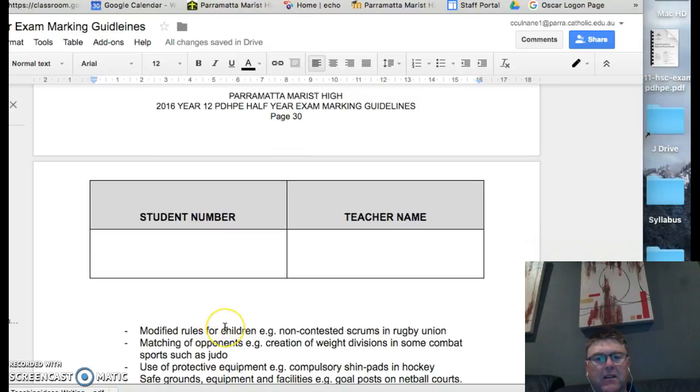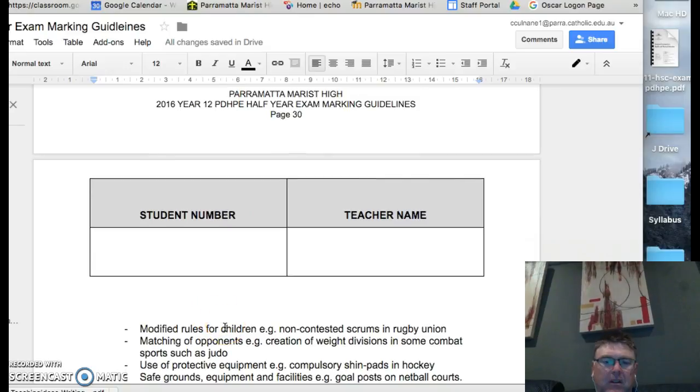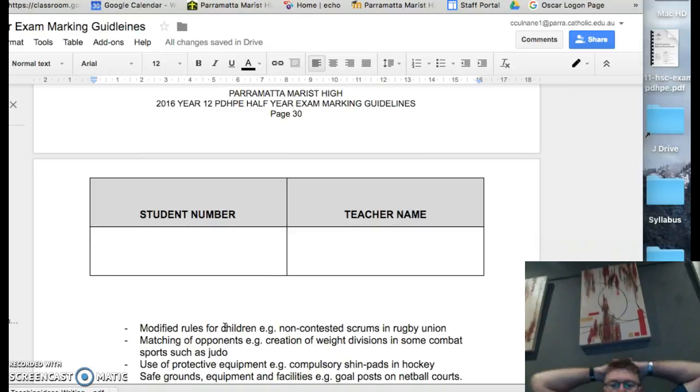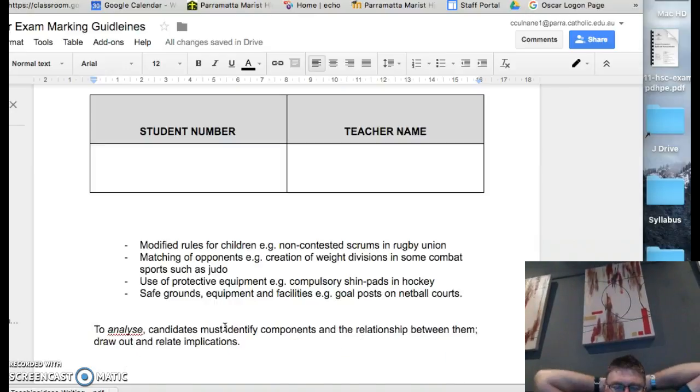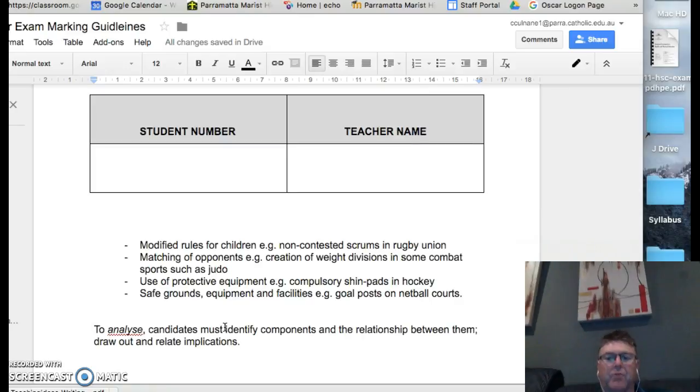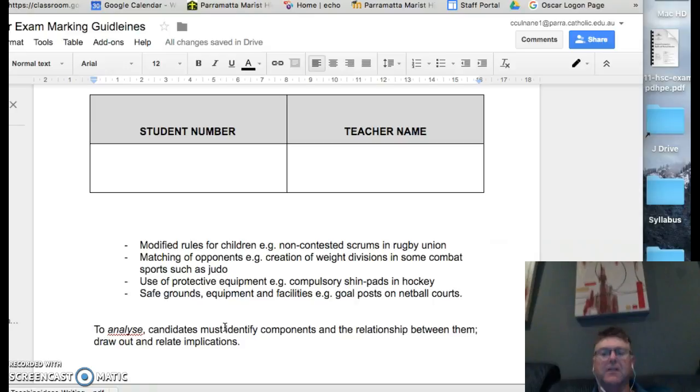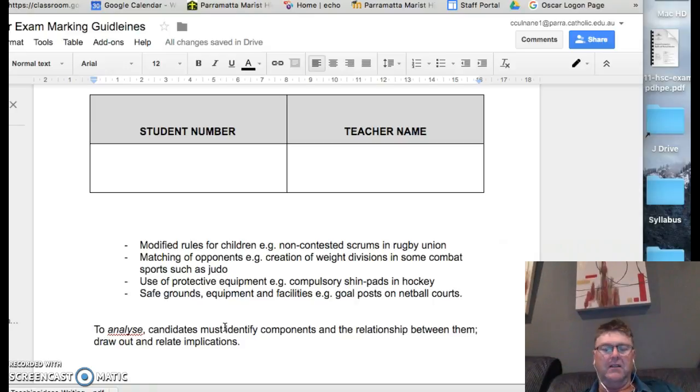You're looking at modified rules for children. You could have looked at it in terms of particular sports and rules, but you needed to show an understanding of some of the rules that have been modified. If you didn't do that, then it limited the marks that you get there.